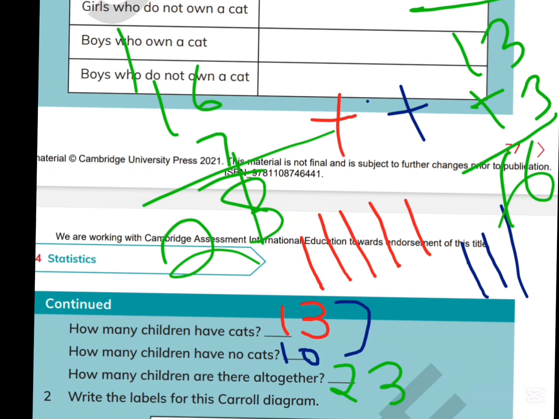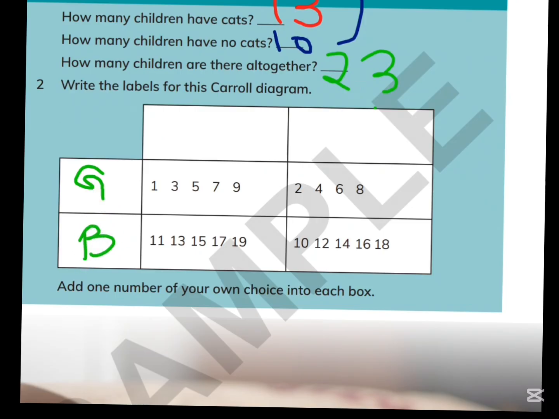All right. Okay, add numbers of your choice in the boxes. The numbers are written, you just have to write the labels. For example, these are girls, these are boys, and they have mobile or no mobile. We can just write mobile and no mobile.